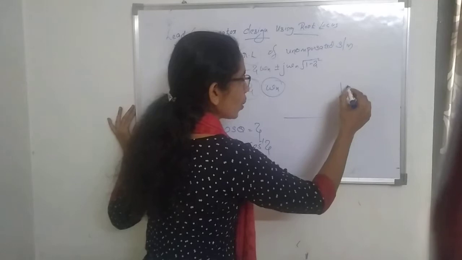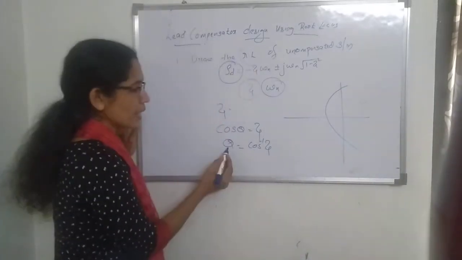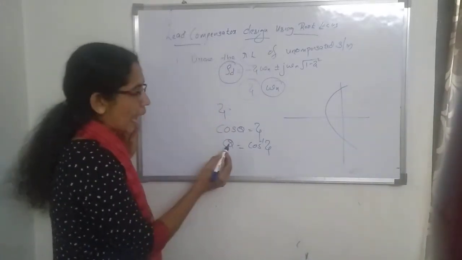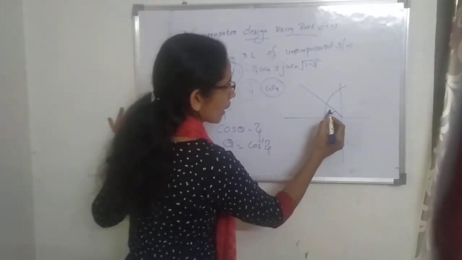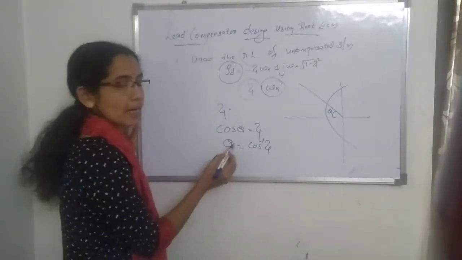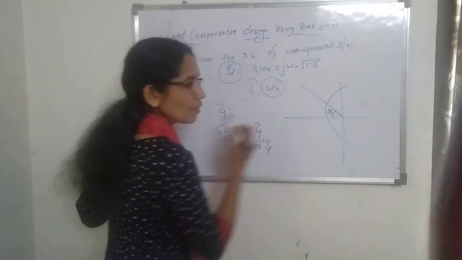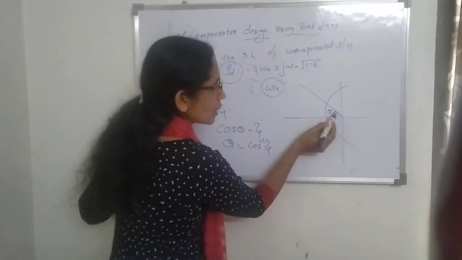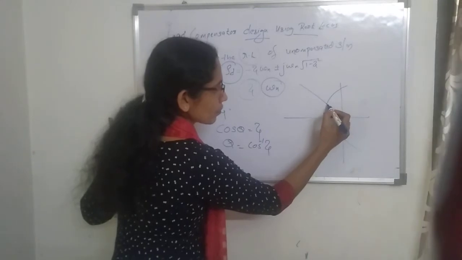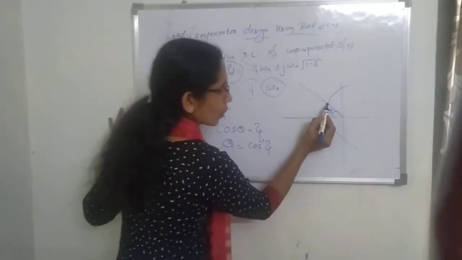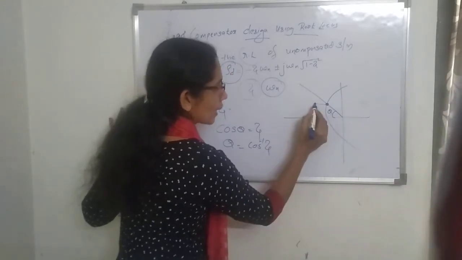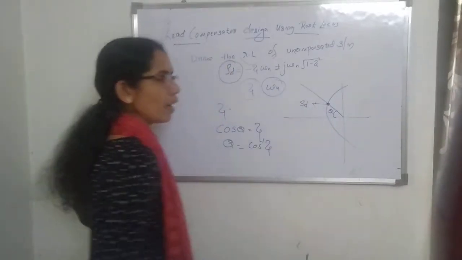We draw the root locus of the system and draw the angle theta with the negative real axis. This angle line touches the root locus at a point, and that point is the dominant pole SD.